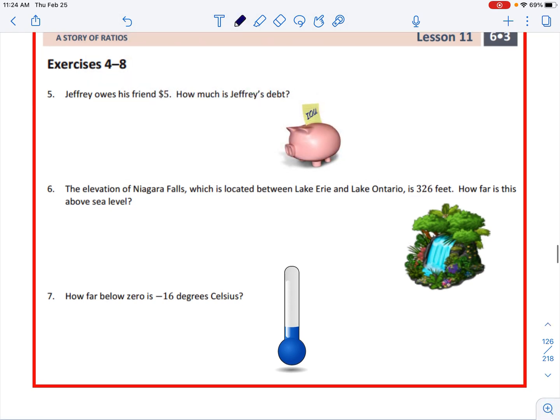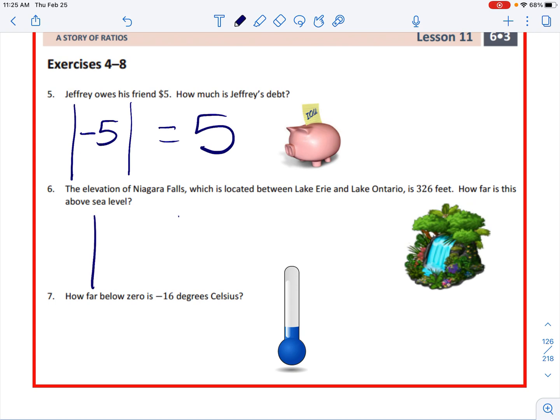Okay, you should have paused the video. Number 5 says, Jeffrey owes his friend $5. How much is Jeffrey's debt? Well, when you owe somebody, that is negative. So it's the absolute value of -5 equals 5. Number 6, the elevation of Niagara Falls, which is located between Lake Erie and Lake Ontario, is 326 feet. How far is this above sea level? It is above sea level, so it is positive.